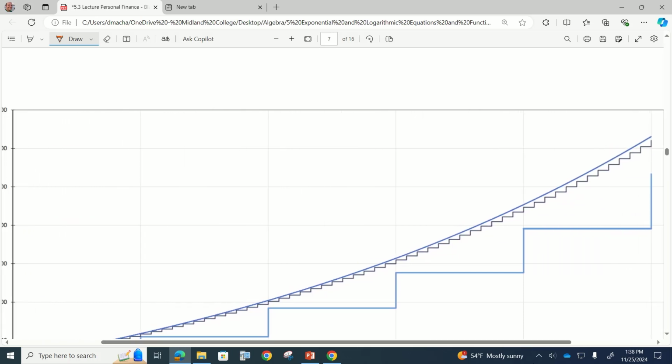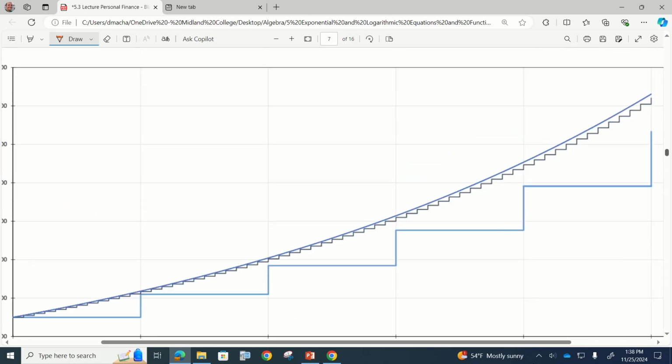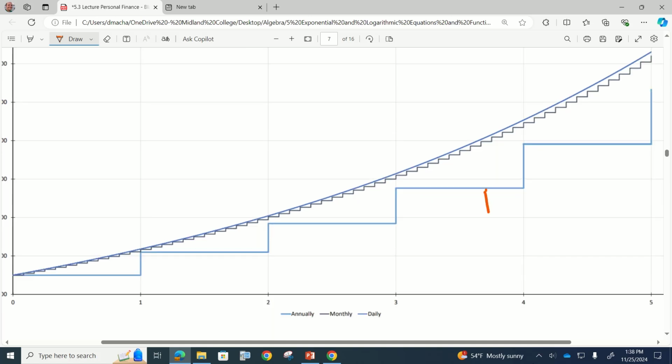This is a little graph where the bottom stair step curve is 1 time per year, compounding the same interest rate as these other two curves. But this one, you'll notice, is monthly. There's 12 times per year where the interest is compounded.